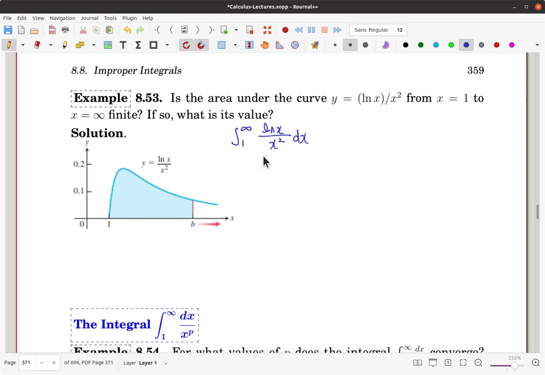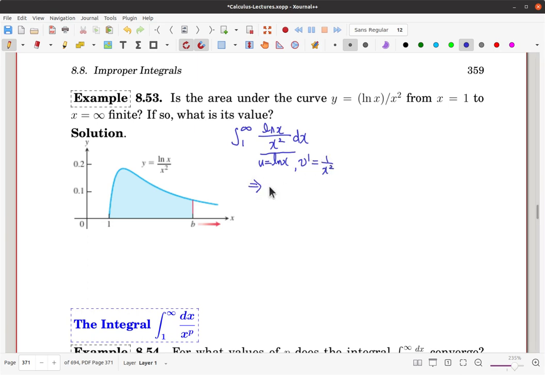Anyway, for this one, to get the antiderivative, you may try to use the technique of integration by parts. For this one, you may choose u equals logarithm x and v prime equals 1 over x squared.